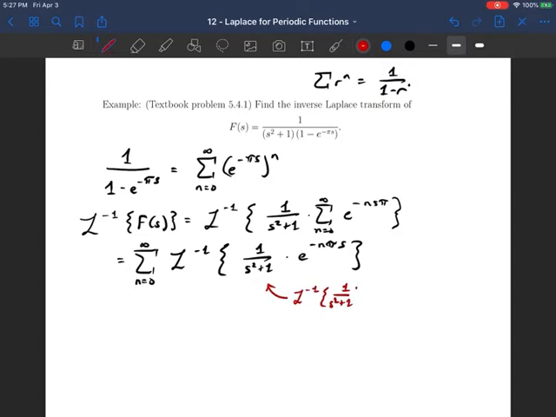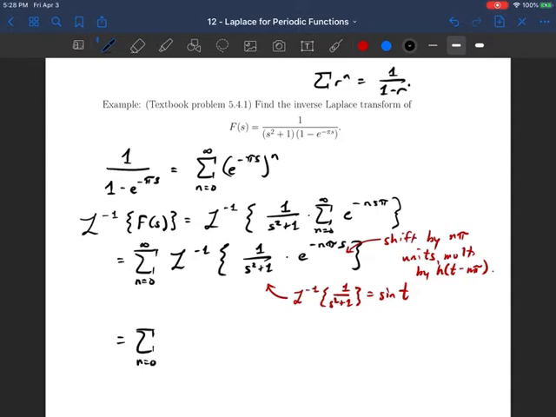So what do we have here? The inverse Laplace transform of 1 over s squared plus 1 is equal to sine of t. And then this indicates shift by n pi units and multiply by h of t minus n pi.